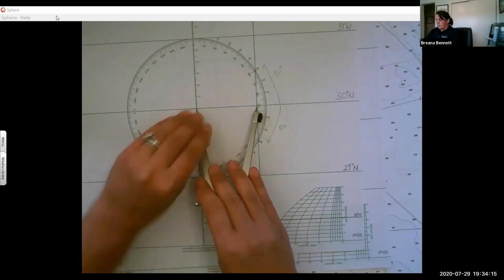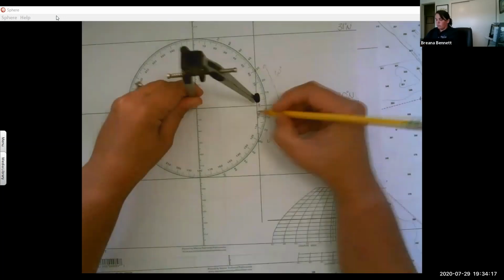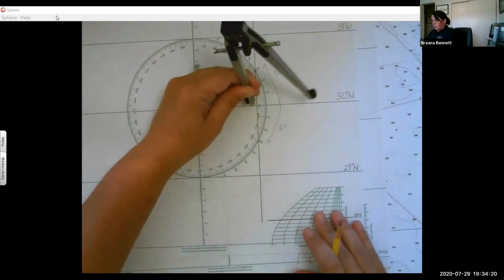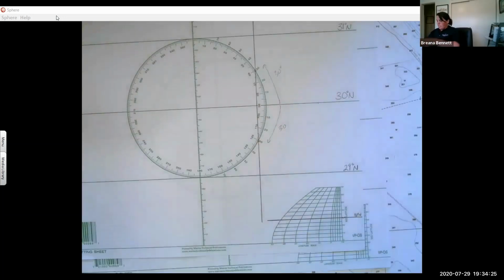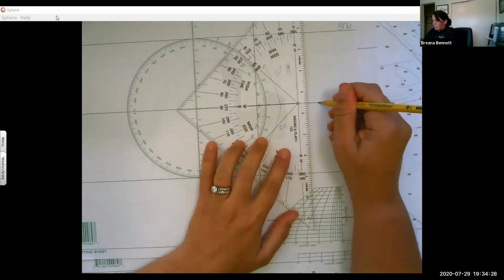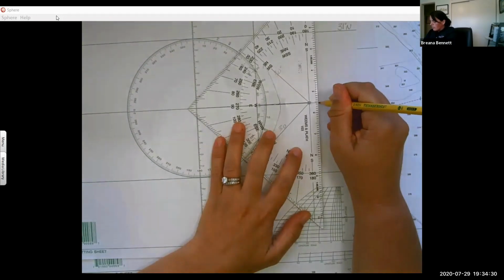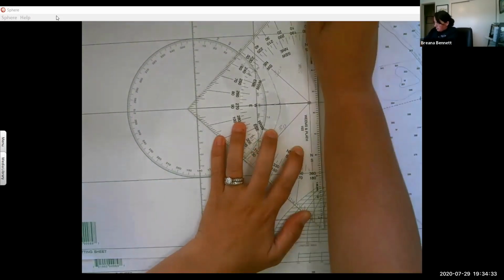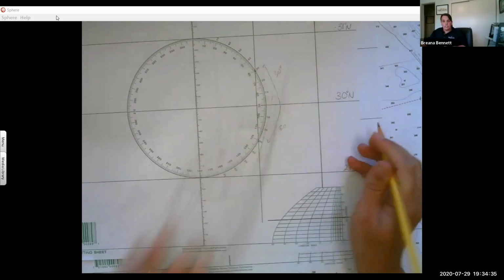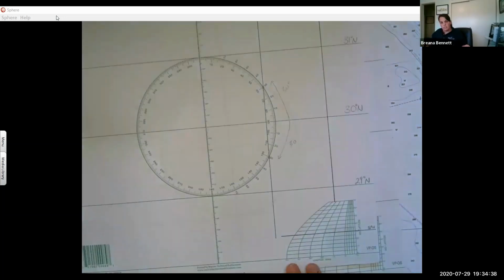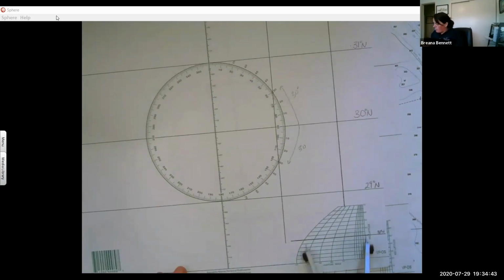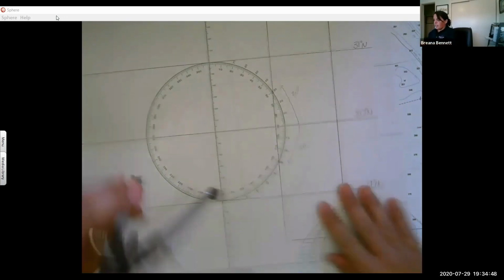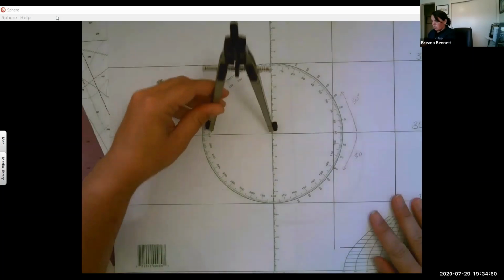So in this case, you could just make a little mark like this, make a little mark. And then I can put my pencil there and draw in my next longitude line. And now that I have my 60 minutes, so my whole longitude, I can draw in all of my lines.